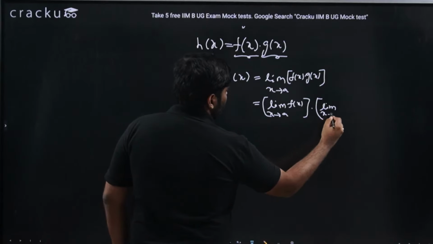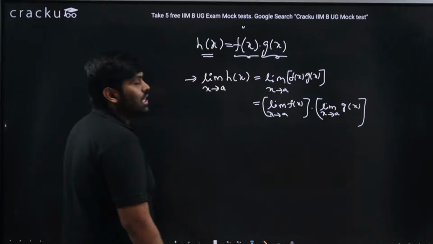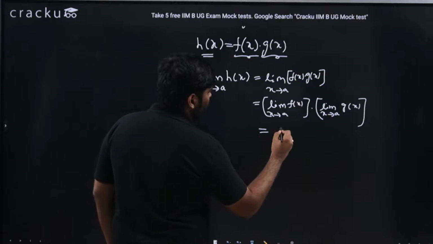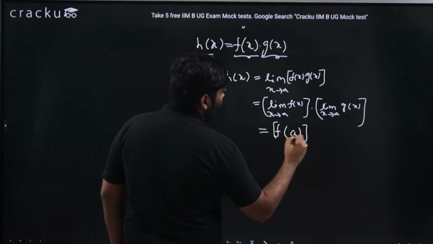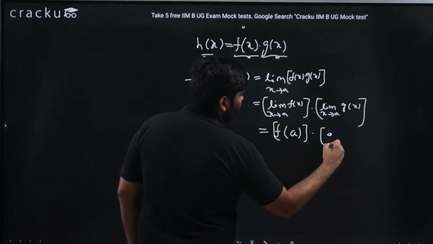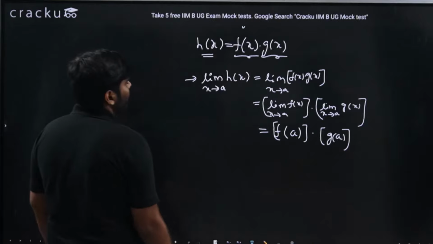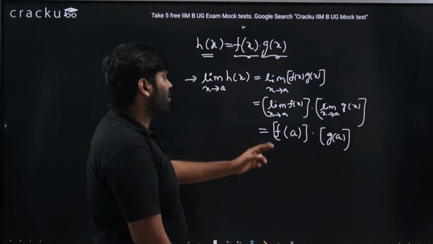Now we are told that both f of x and g of x are continuous at x equal to a. So the limit as x tends to a of f of x should be f of a, whereas the limit as x tends to a of g of x should be g of a. So the limit of h of x is f of a into g of a.